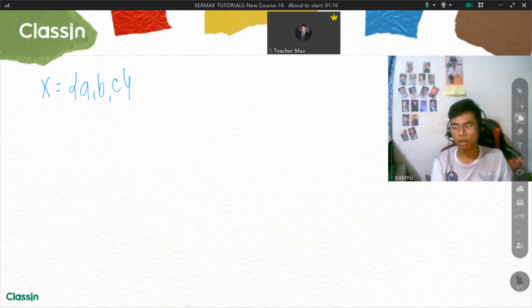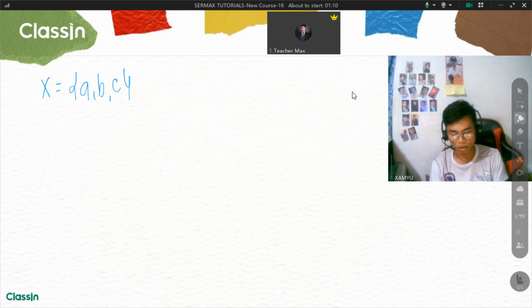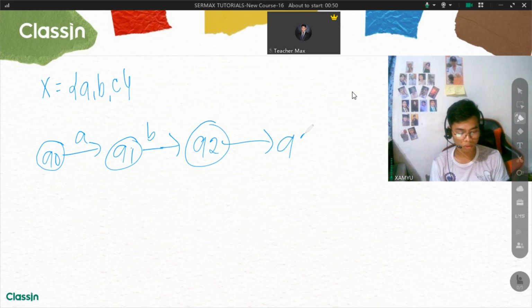How can we portray the relation pertaining to that? Say, for example, this is in regards to Q0, Q1, then Q2. This is A, this is B, Q2, and this is Q3, which will be like that.